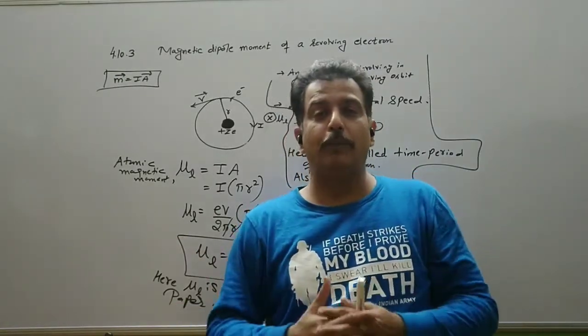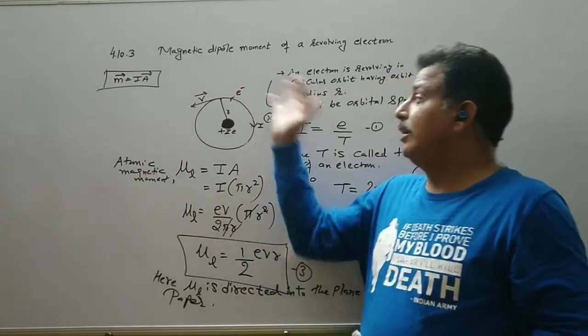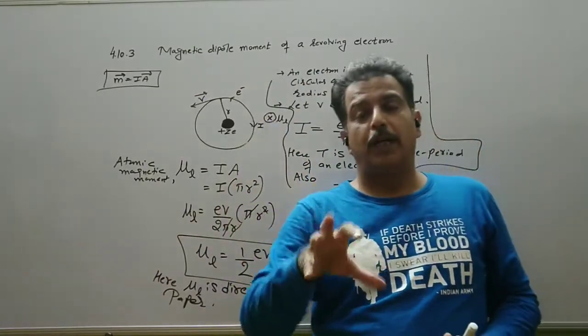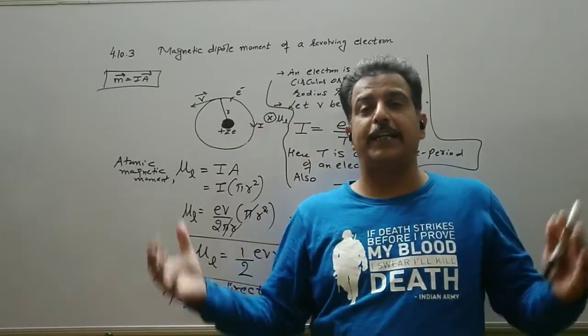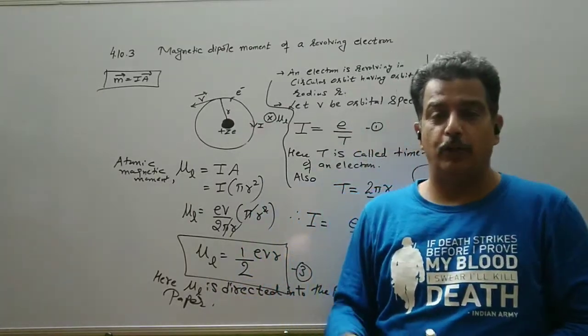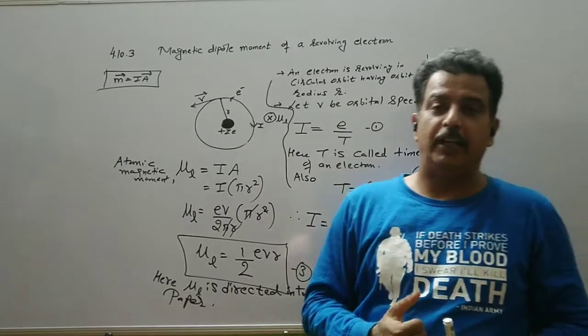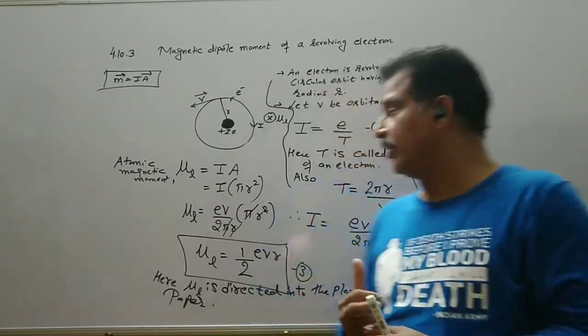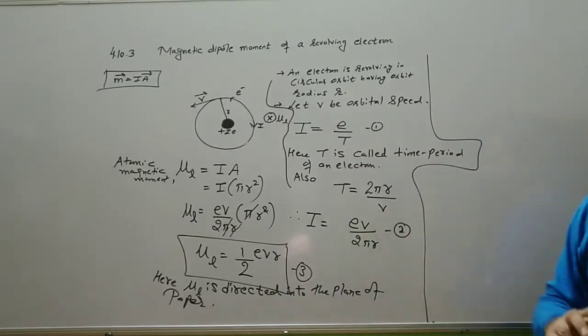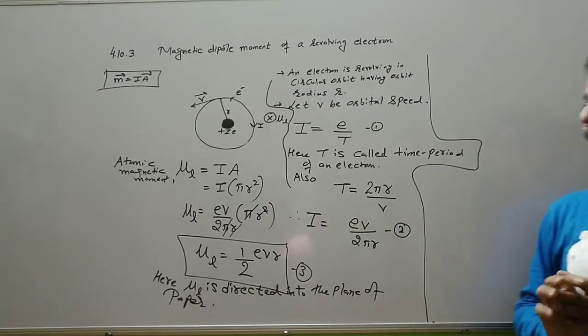So the angular momentum of an electron in the orbit assumes a discrete set of values. So the angular momentum will not take any random value. It should have a specific value, just similar to the quantization of electric charge. So we move on to that angular momentum.